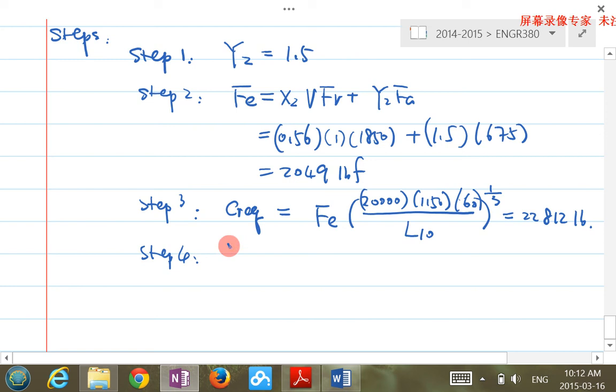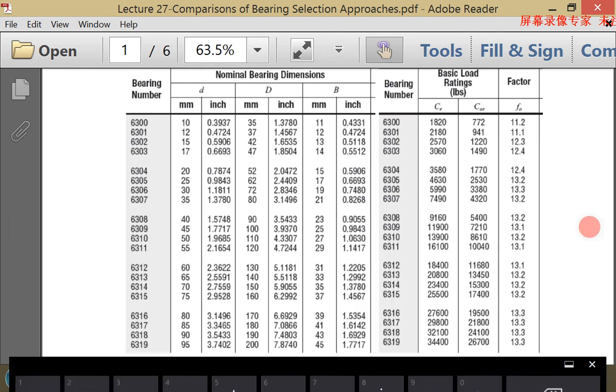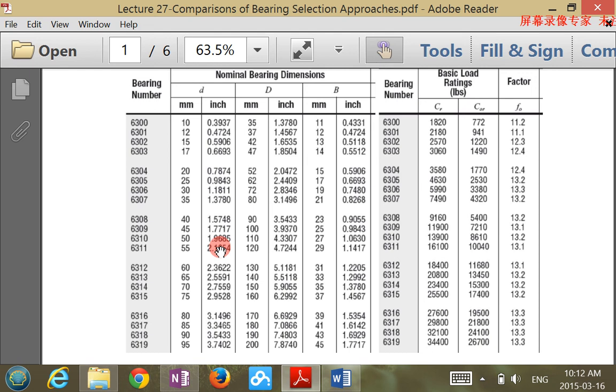Okay, so then time to look up the catalog. Using the same catalog, let's say I'm still using the 6300 series. Here is a snapshot of that catalog. What are we picking? We're picking a bearing with a minimum bore size of 3.1 inch. You go down here.